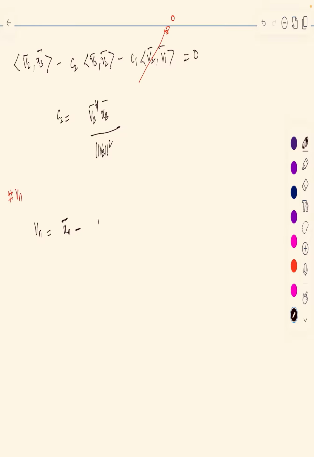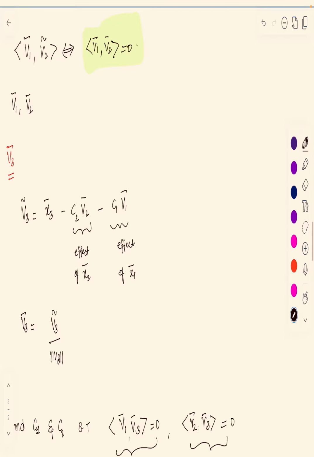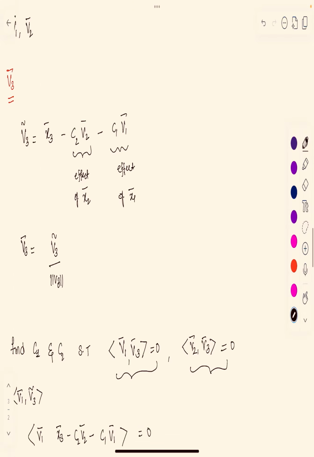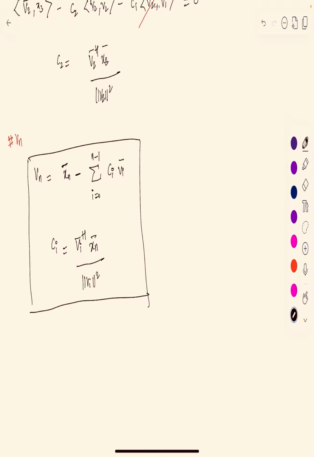The common pattern is that I should start from 1 and it should go to n minus 1, of Ci Vi bar, where Ci is Vi Hermitian xn bar by the norm of Vi squared. Okay, so this is the general formula.